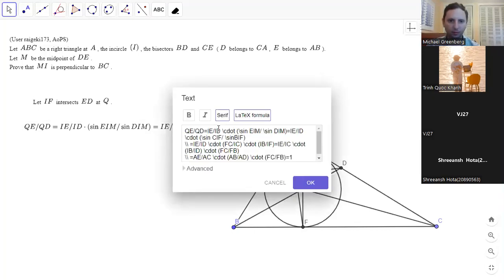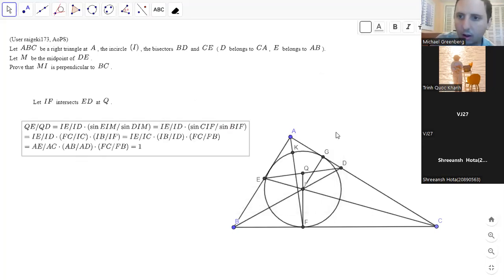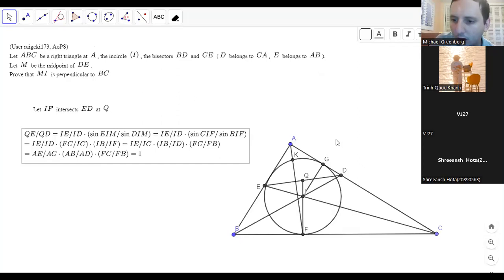So the main idea is to turn QA over QD into some common value and angle in triangle ABC and use the condition that ABC is a right angle to solve it.